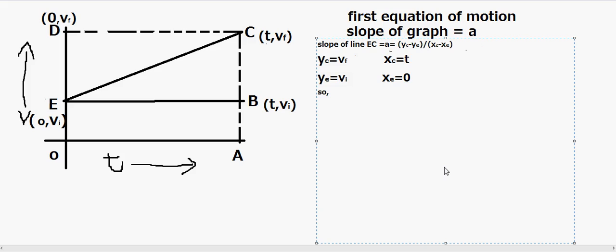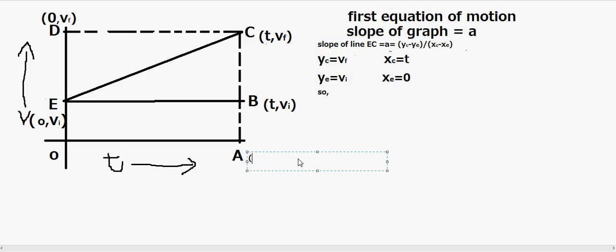So name the points O, A, B, C, D and E. At point O, X and Y both have zero values. At A, for X we have 0, and for Y we have also 0. Then for X we have T, and for Y we have 0.